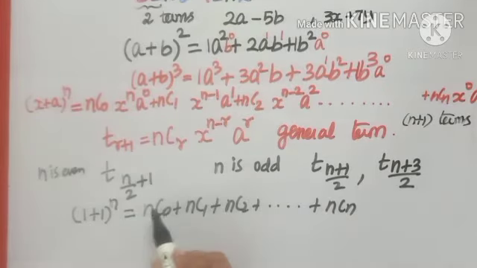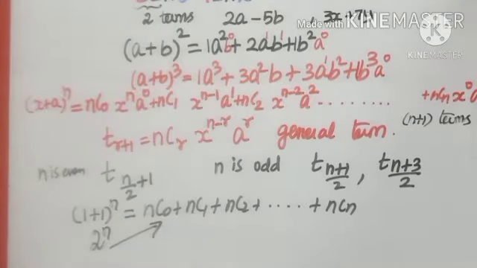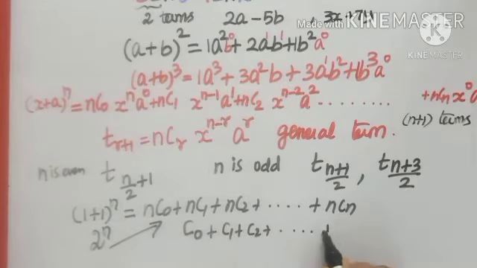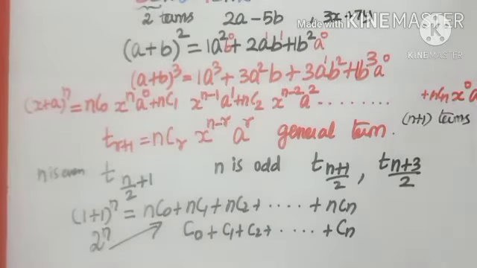The sum of the binomial coefficients is 1 plus 1, 2, so 2 power n. So, I will say the sum of all the binomial coefficients is 2 power n. Instead of writing nC0, you can also write C0, C1, C2, another notation for combinations. All these things we will list out and remember for the exercise.